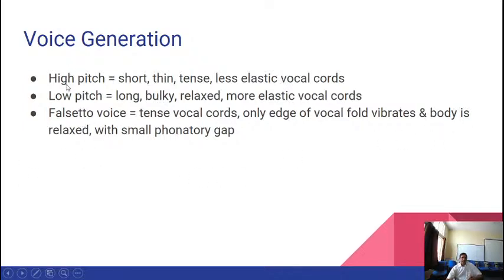So as far as the pitch is concerned, these are the various kinds of pitches described: high, low, and the falsetto, which is quite a high pitch. Pitch is directly related to the frequency, the number of vibrations per second.